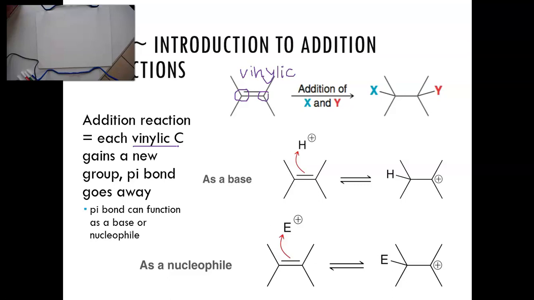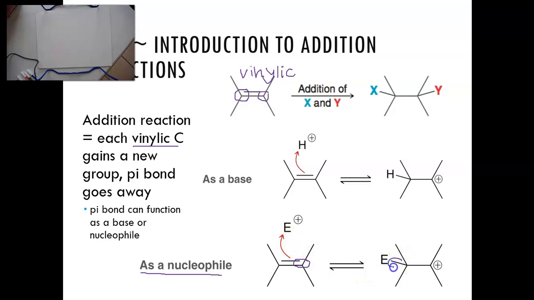bond is going away. Now when we talked about our nucleophiles, we said that they have to have some amount of negative charge, and that can come from a pi bond. So here is our pi bond here acting as a nucleophile. We're doing a nucleophilic attack on that electrophile, and so we're using the pi bond electrons to create a bond from our vinylic carbon to that electrophile.